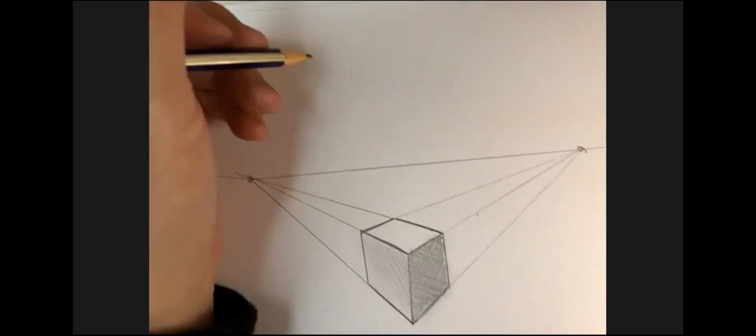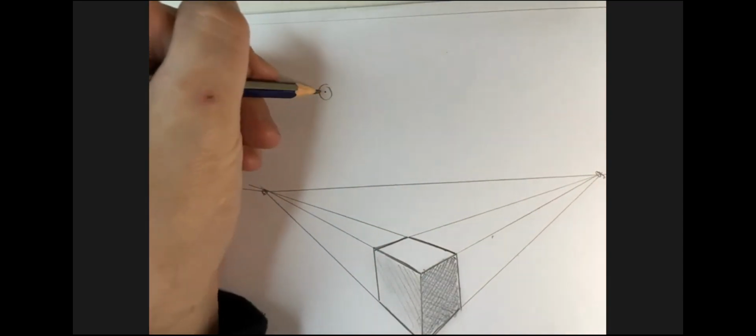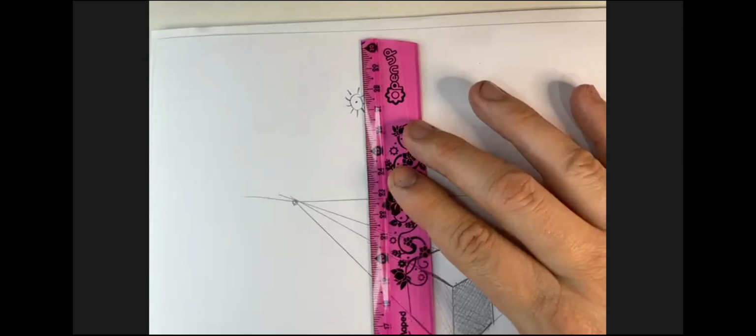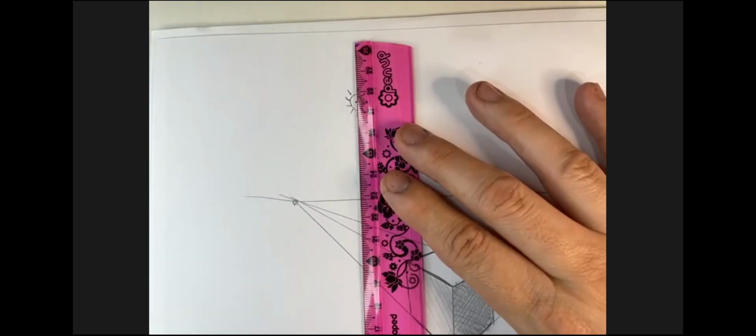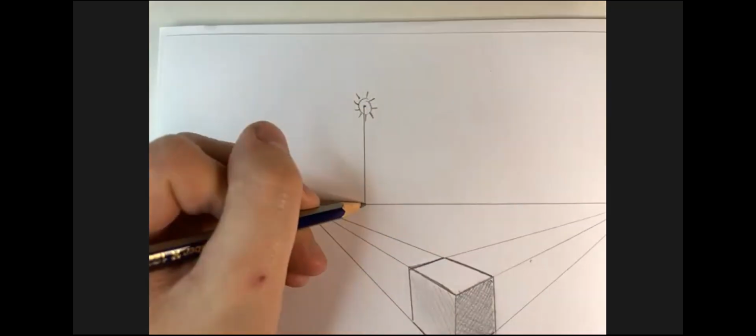So we're going to draw the light now. So the sun, you can just pick a dot at the top, or you can actually draw a circle with a dot in it. This is going to be the sun right at the top there. And then you also need to draw a vertical line from the sun down to the horizon and draw a dot there.